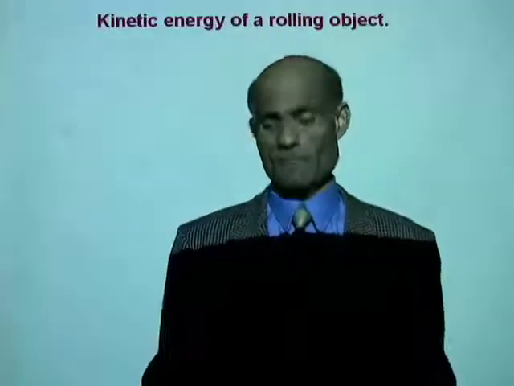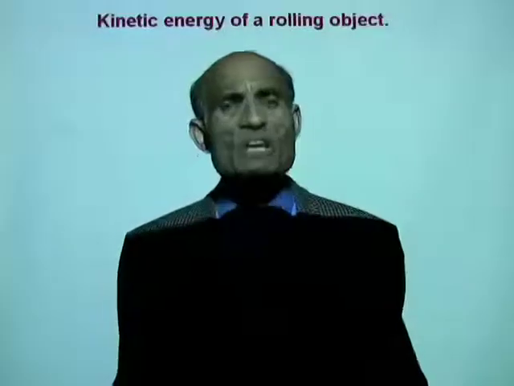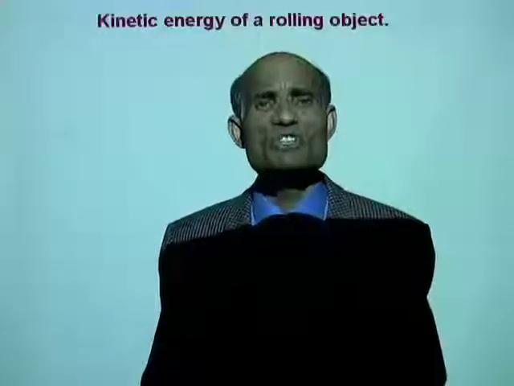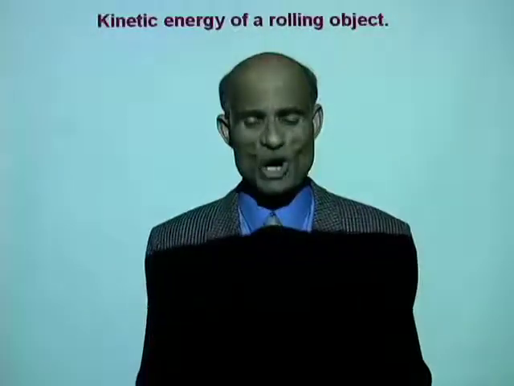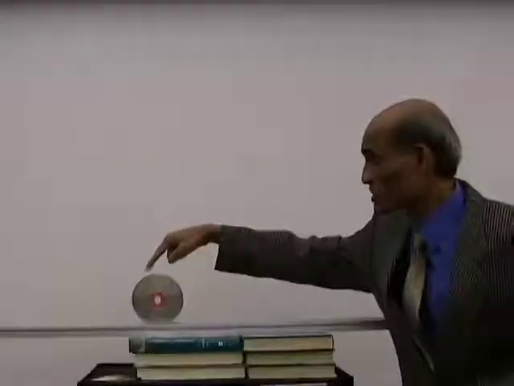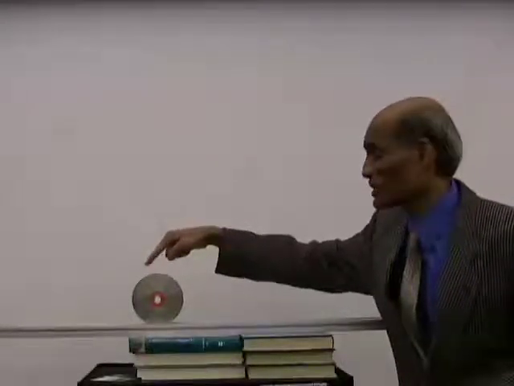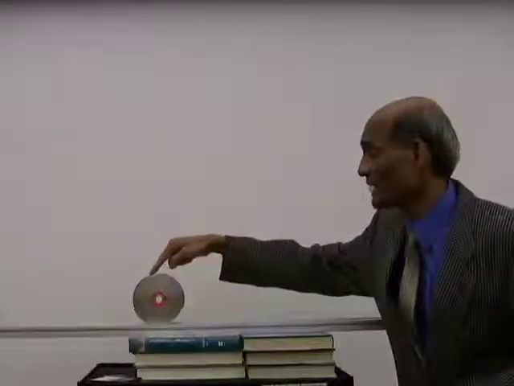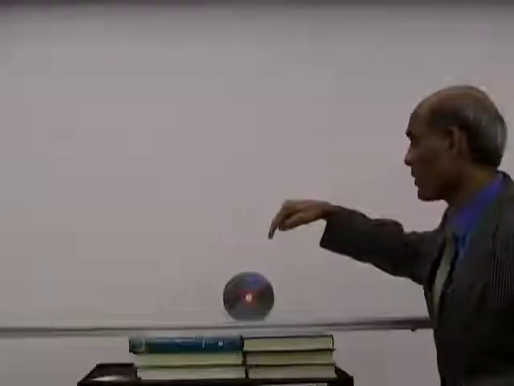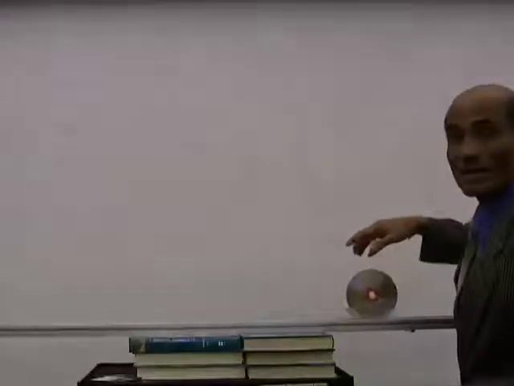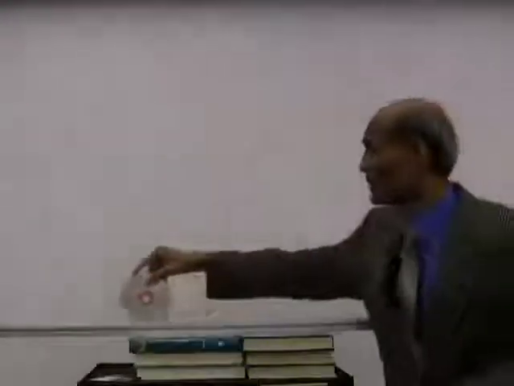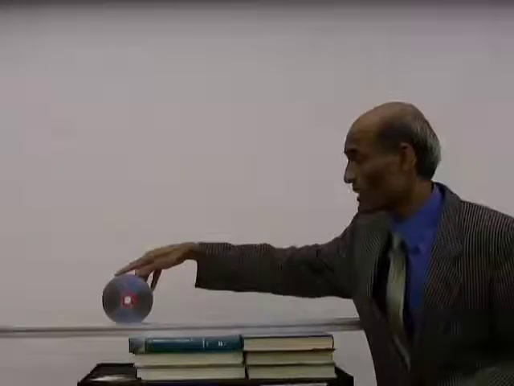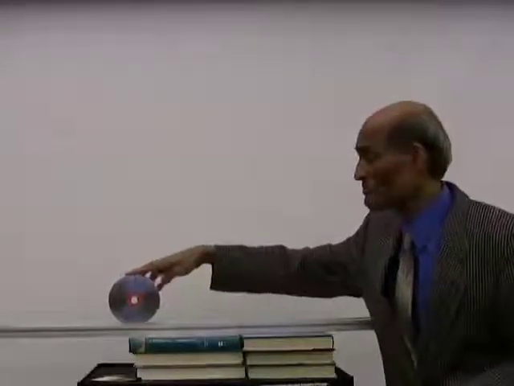Okay. Let's now talk about the kinetic energy of a rolling object. Now what is the meaning of kinetic energy of a rolling object? Here I have a disc. I'm going to roll this disc. Now tell me, what are the types of motion it has? The disc is now rolling. If you look at the motion carefully, it has two types of motion.